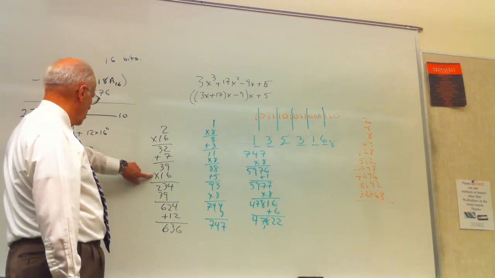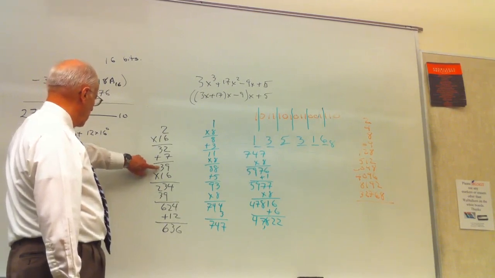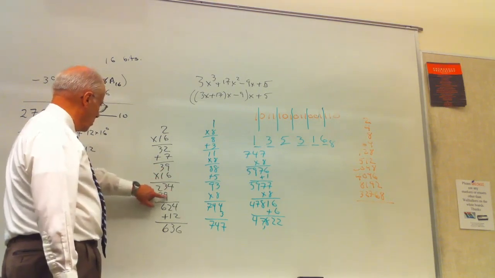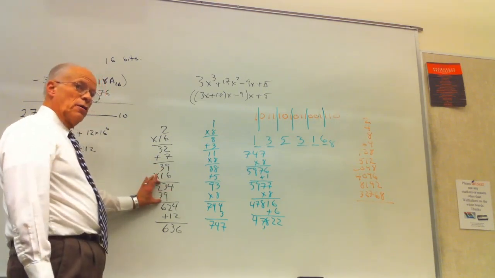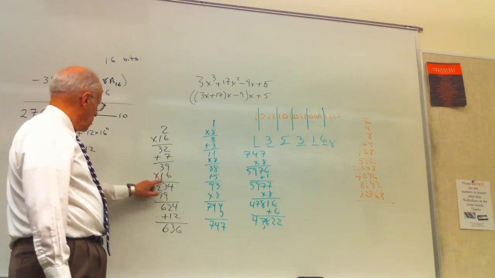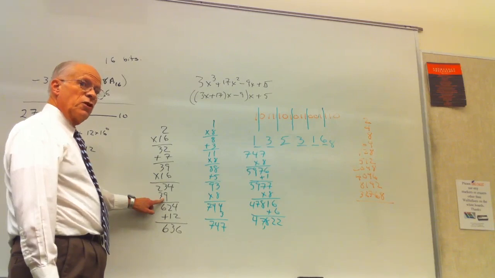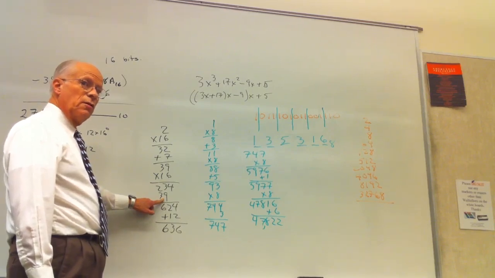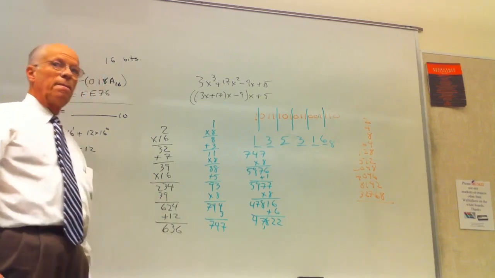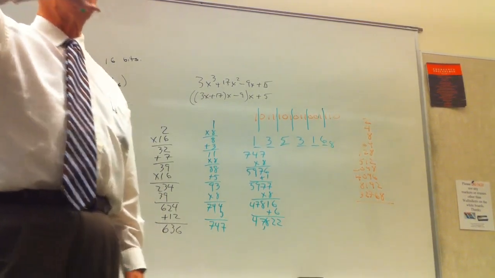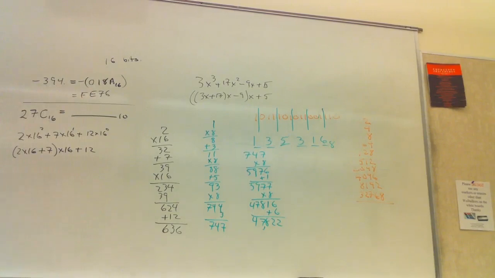Where'd you get the 39? That's what I was just wondering. It's an intermediate step; he's still multiplying, just the standard algorithm for multiplying, with partial products. I see. Never mind. You're just doing the multiplication.